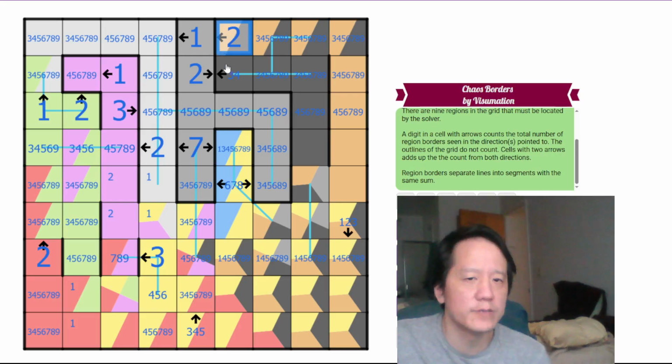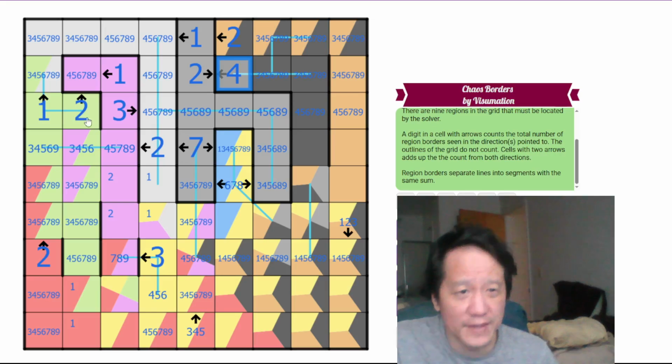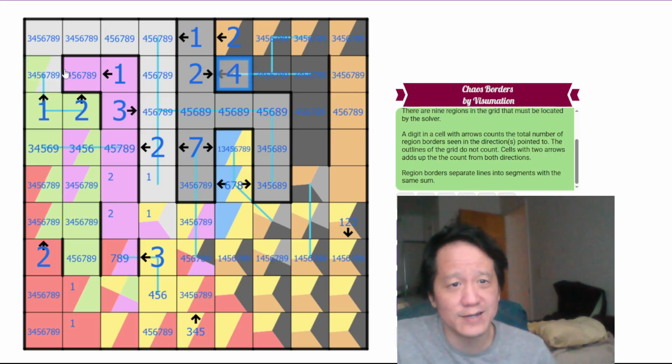This would be its separate region, so this would be 4. We have 1, 2, 3, 4 boundaries. The problem is I think this is a 3, so that's why everything else I'm trying to basically disprove when this is 3.